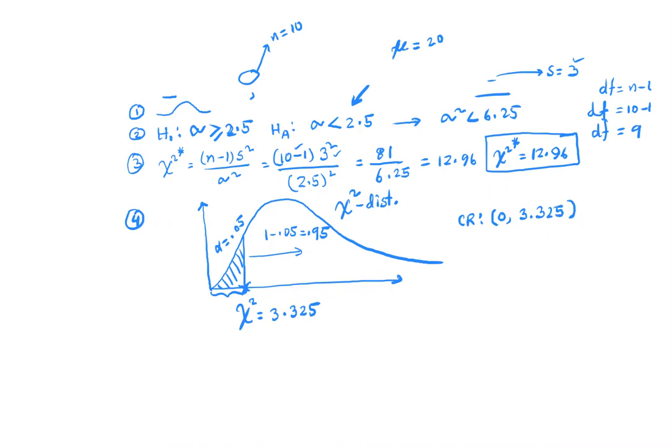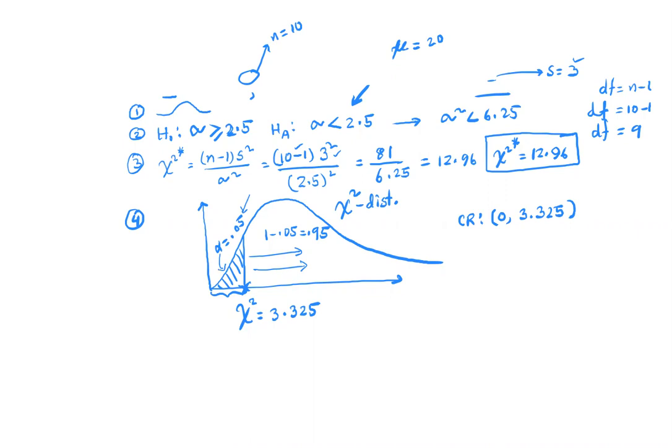So that's step number 4. Any question, anybody, about step number 4, how to find the critical region? Remember, the key thing here is that you look for the area to the right, not area to the left, okay? So 0.05 is the area to the left, which is the shaded region, right? You'll be looking for area to the right.